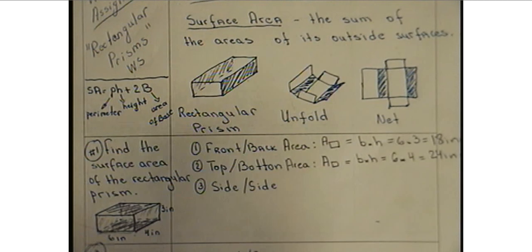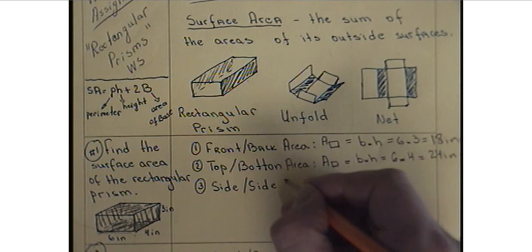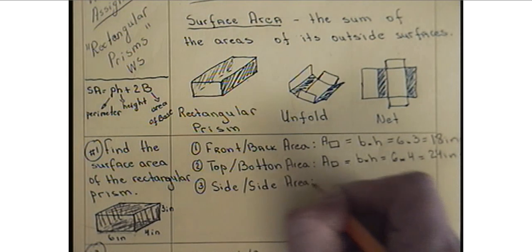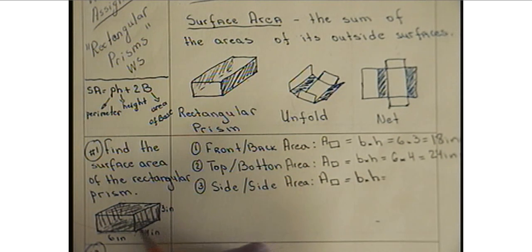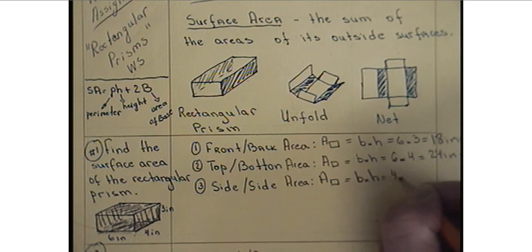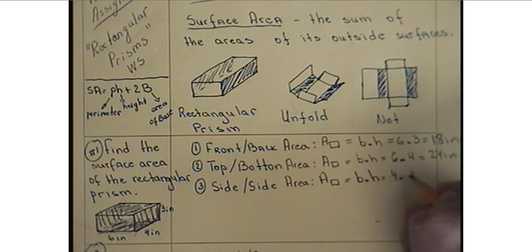In the last one, we want to check side and side. The sides are this one over here and this one over here. So for the side area, we have another rectangle, base times height, and for this, the base will be 4 times the height of 3. 4 times 3 is 12 inches.